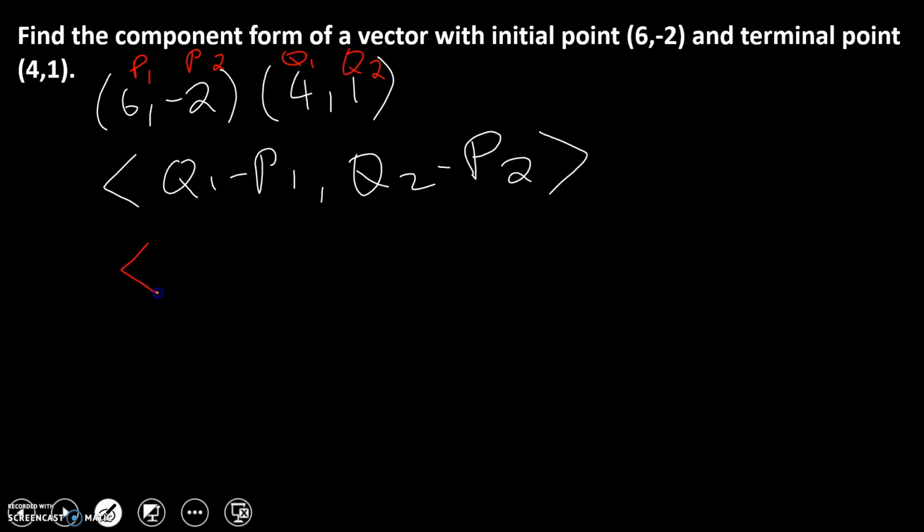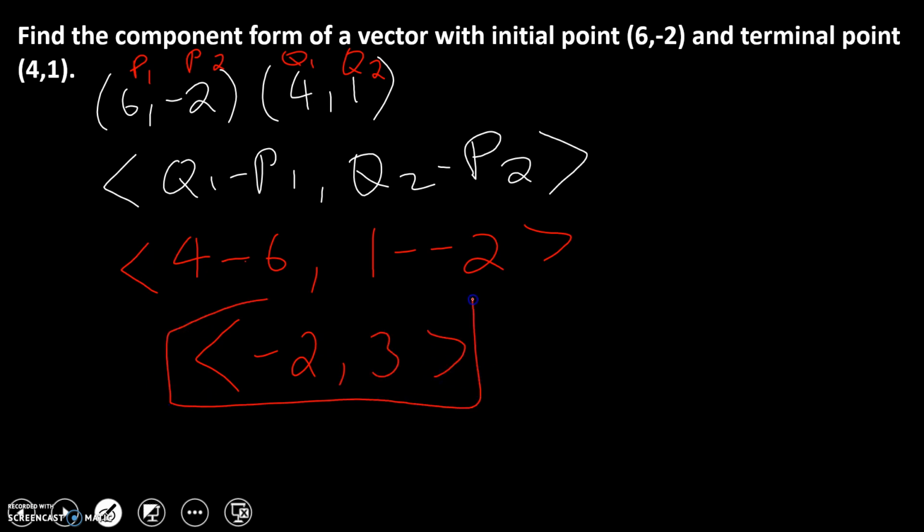So now all that I have to do is to plug and chug. Q1 is 4, P1 is 6, so I subtract 6, Q2 is 1, and P2 is -2. So negative becomes positive. So I get 4 minus 6, which is -2, and 1 minus -2 gives me 3. So this is going to be my component form, <-2, 3>.